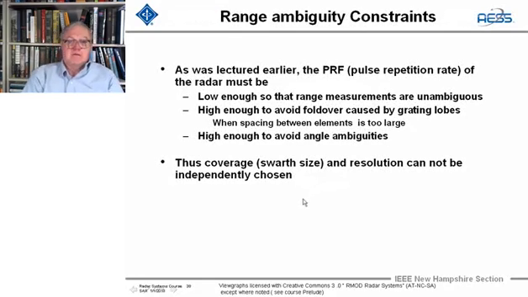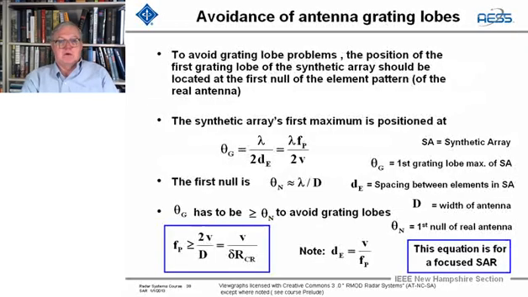As we said earlier, the PRF in the system has got to be low enough so that range measurements are unambiguous, and we want it high enough so that the grating lobes won't fold over and give us problems when the spacing of the elements is too large. We want the PRF high enough to avoid angle ambiguities. And so the swath size and resolution cannot be independently chosen in a synthetic aperture radar.